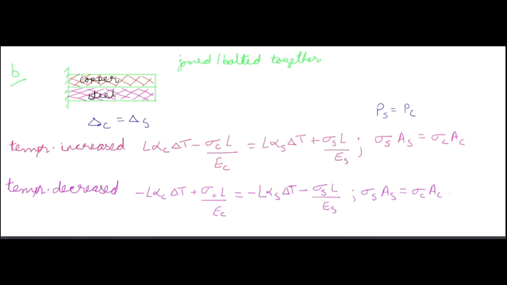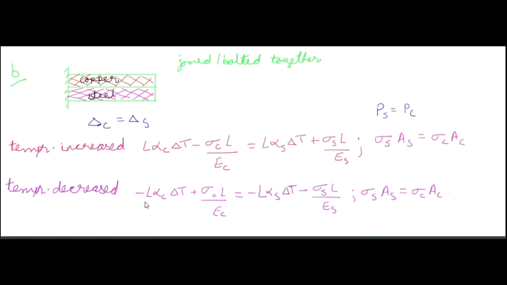This means tensile forces will be induced in copper and compressive forces will be induced in the steel, because copper wants to pull the steel in its direction while the steel wants to pull it in its own direction. So copper is facing tensile forces and the steel is facing compressive forces.